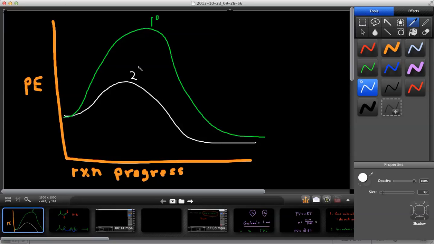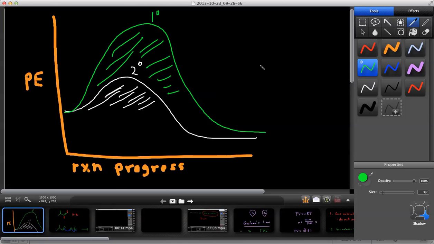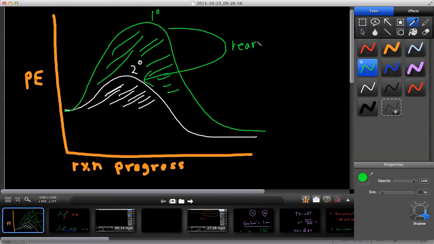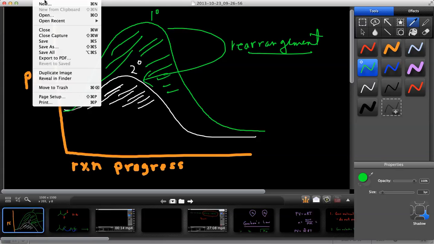This would be the formation of the secondary carbocation. Much more feasible to form the secondary carbocation because the energy of activation is so much lower as compared to the energy of activation which would lead to the formation of the primary carbocation. Not only that, but anytime you would obtain a primary carbocation, it would quickly rearrange to give the secondary carbocation. So the secondary carbocation will be what is preferentially formed.